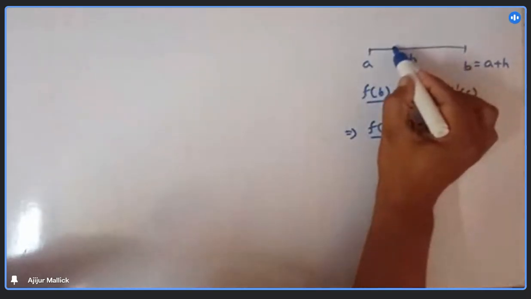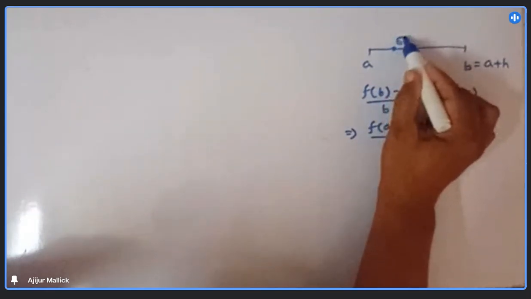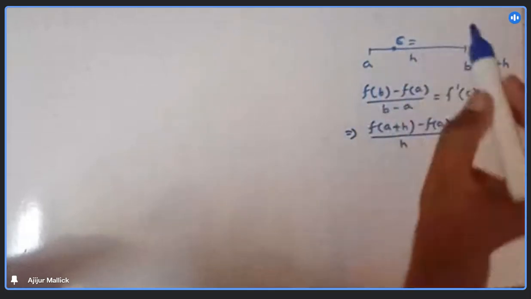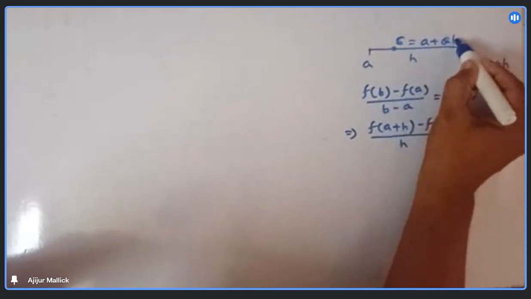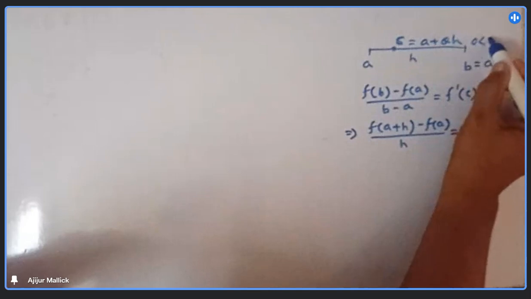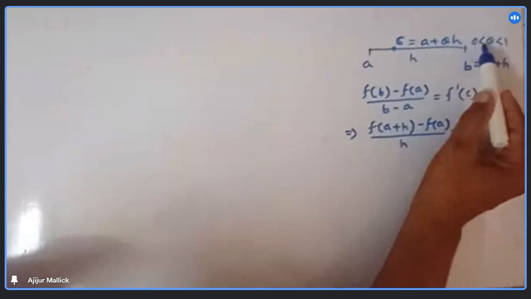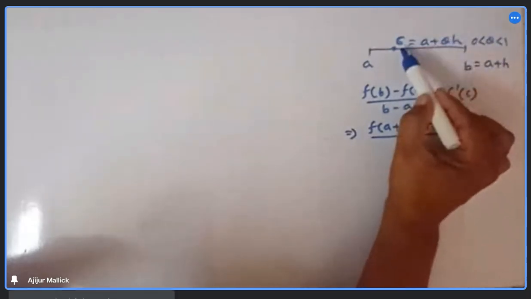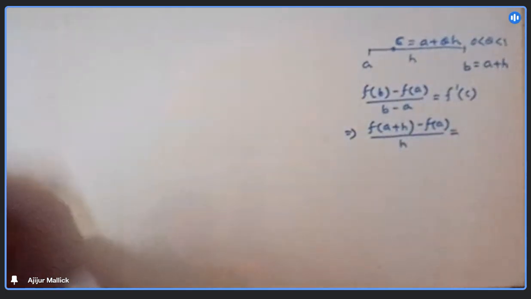Here c is any point between a and b. So I can write c in this way: c is equal to a plus some theta into h, where 0 is less than theta less than 1. See, if theta is equal to 0, the value of c is a, and when theta is equal to 1, the value of c is b.